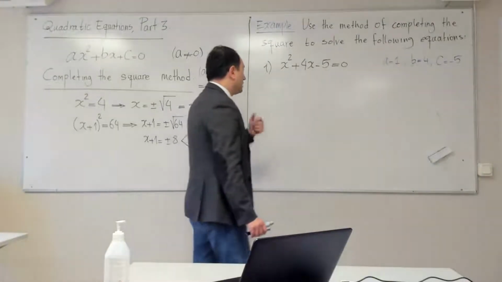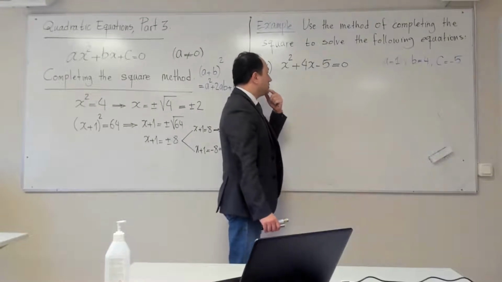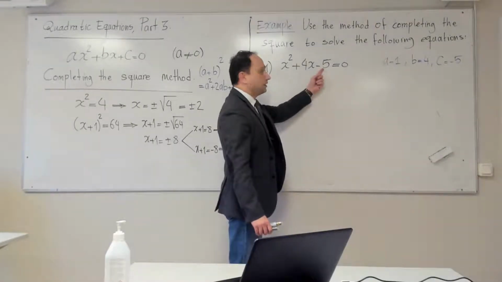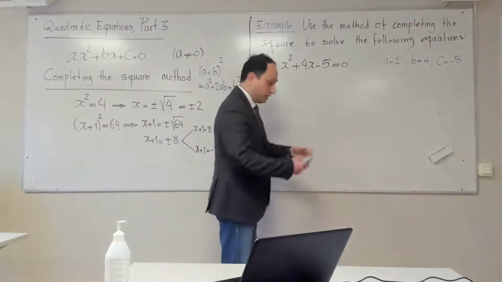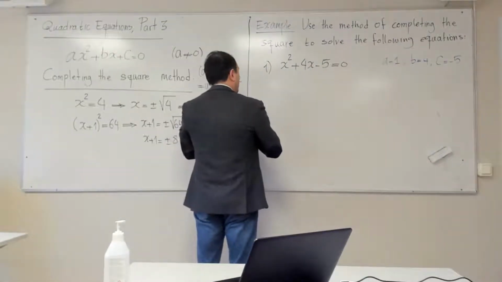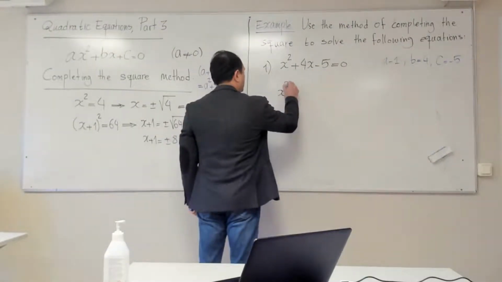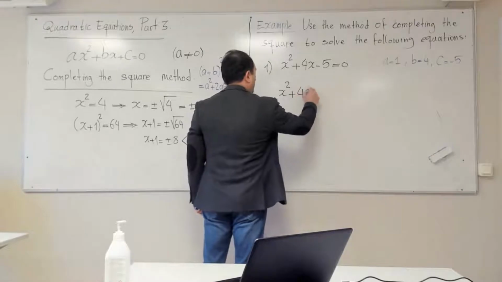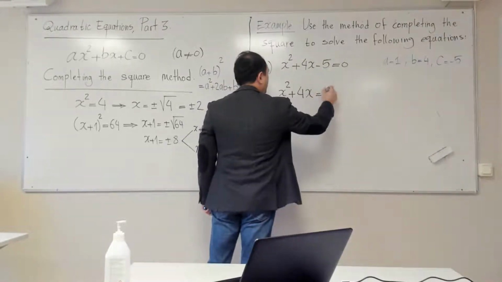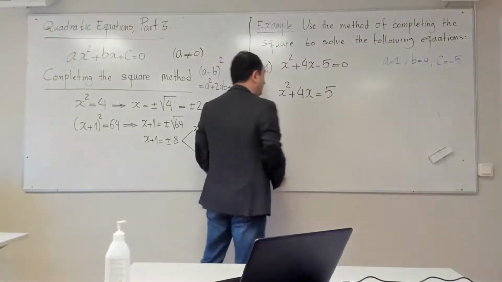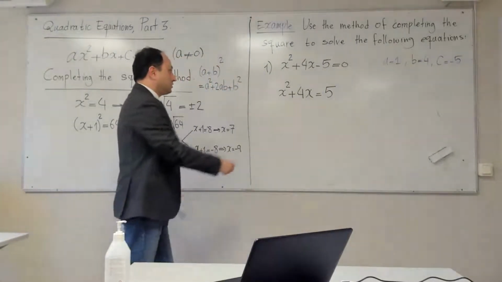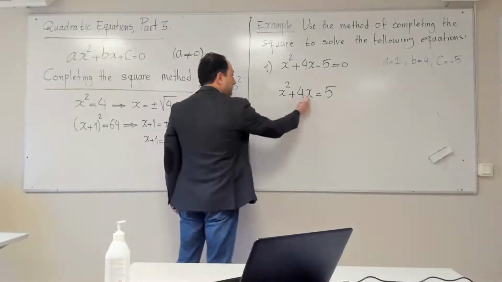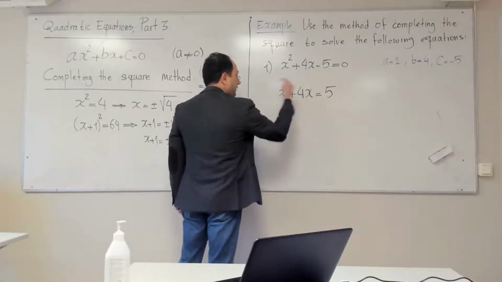Okay? So the trick that we use is we move this term to the right. So what happens? It becomes x squared plus 4x. I move minus 5 to the right, it becomes positive 5. Okay, so here I have 2 terms, x squared plus 4x.